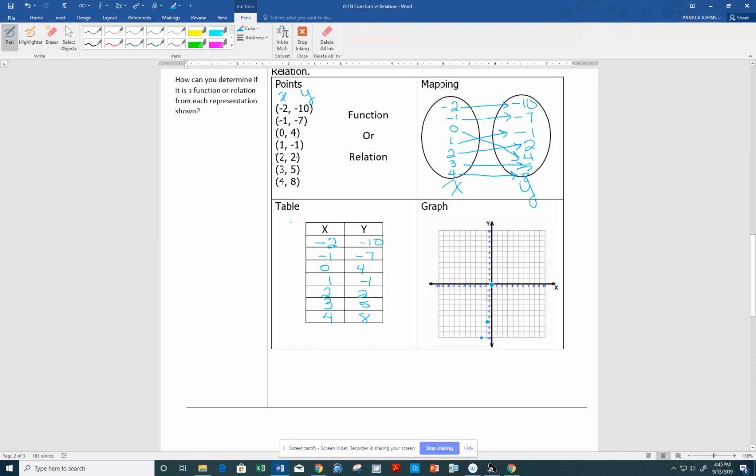And 0, 4, we're going to put a dot right here. All right. At 1, -1, we're going to put a dot. And, okay.